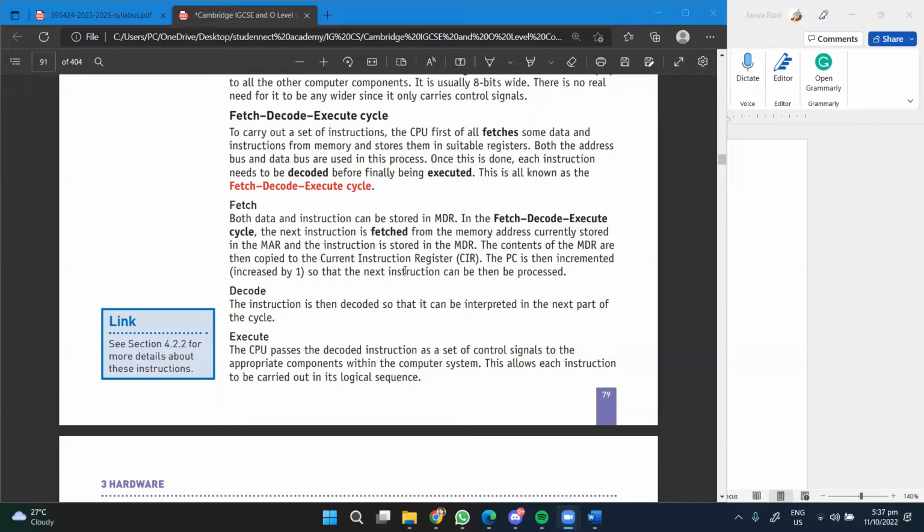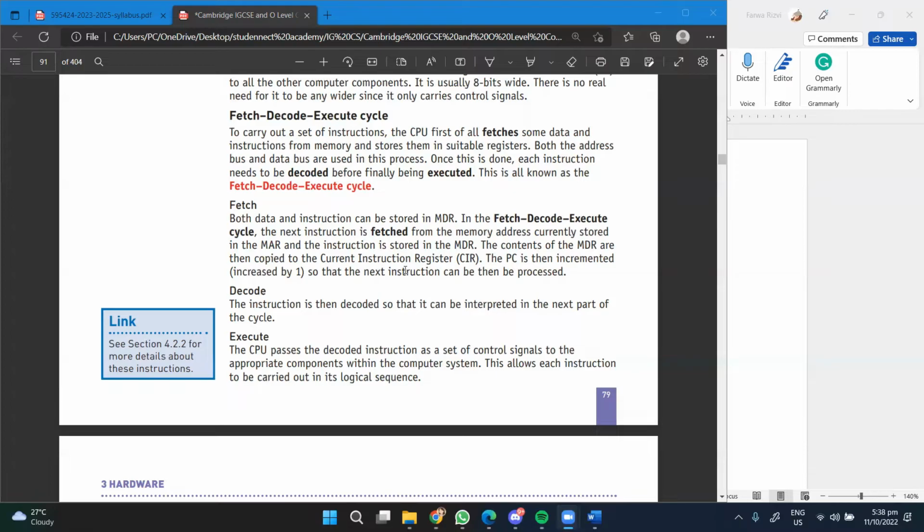So just by these 3 words, fetch, decode, execute, what can you understand from this? I mean, fetch is like maybe the files or any command being fetched from part of the memory.